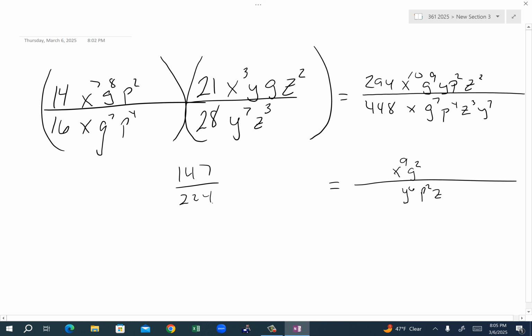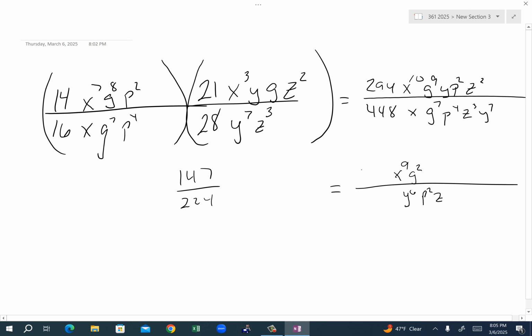Neither does 3. I think we're done there, friends. 147 divided by 224 is... Oh, nope, I lied to you. 7 goes into both of them. 7 goes into 147 21 times, and 7 goes into 224 32 times. Yay! And that's my answer, kids. That's all there is to it.